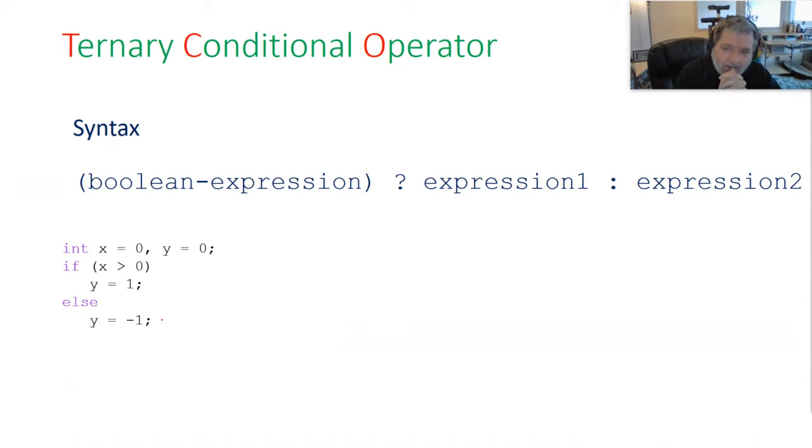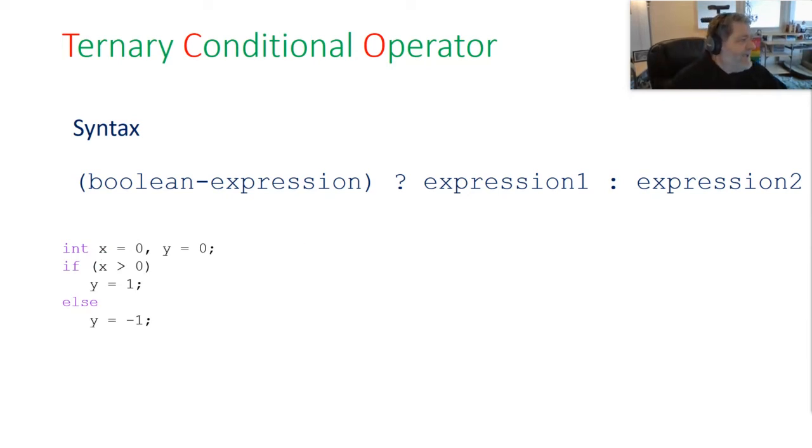What's happening here is that we are assigning 1 to y if the condition x greater than 0 is true. And we are assigning -1 to y otherwise. So we always end up assigning something to y, right? That's the thing that's coming out of this piece of code. We are going to assign a value to the variable y. The value that we assign depends on the truth value of this condition here, x greater than 0.